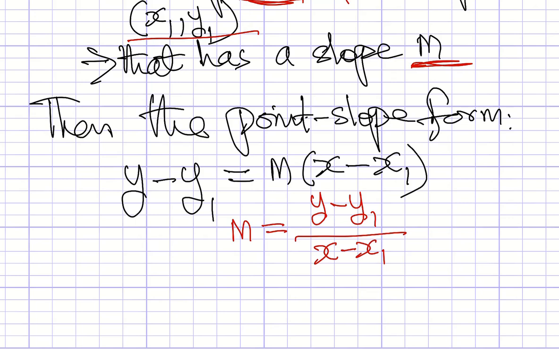You've seen something like this before. You remember when we said what is the change in y and what is the change in x. It's similar to that. But this is how you will see this form of a linear equation in two variables.